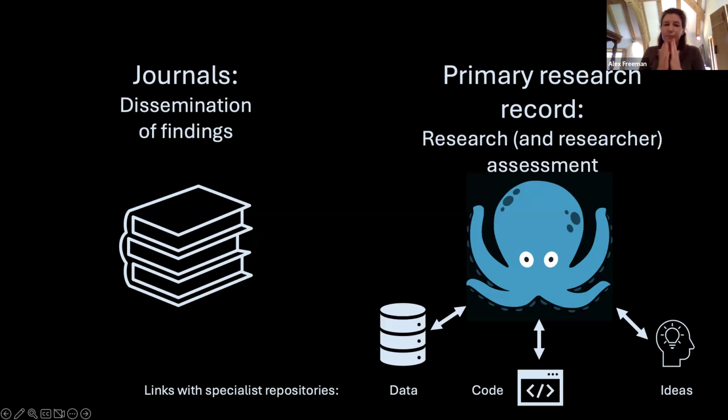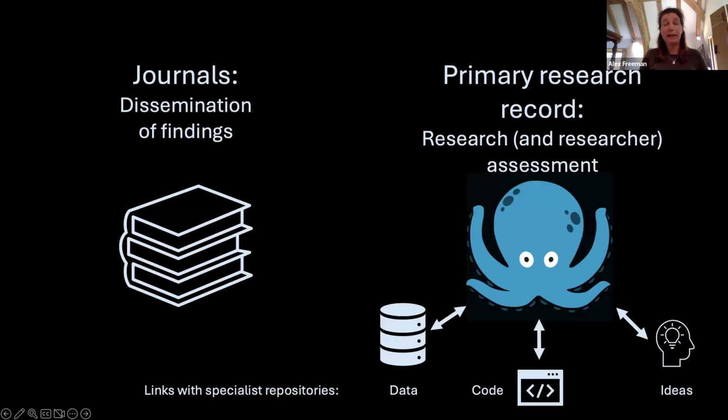So just like journals don't mind publishing things that have been on preprint servers, journals don't mind publishing things that are also in Octopus. So you can publish an article in a journal and keep all of the underlying work free for other people to read in Octopus.